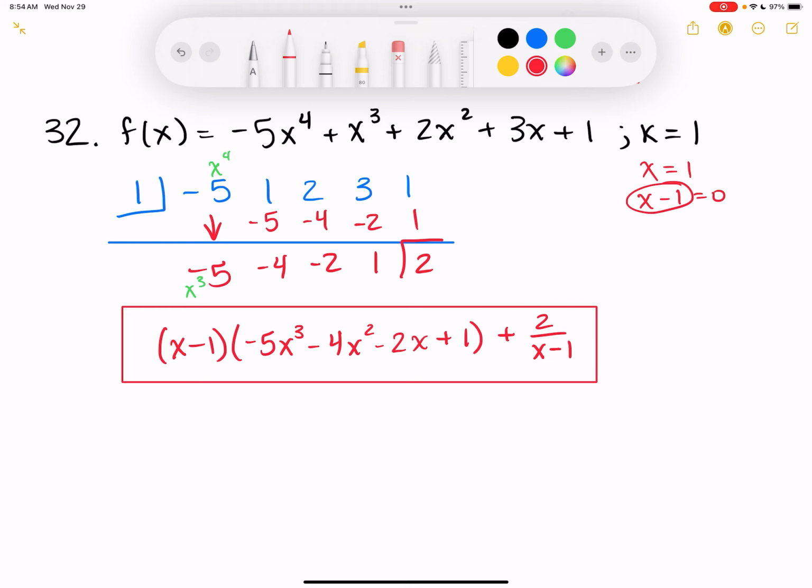Do we have an answer? Or anybody want to share their answer with the class? X minus 1 into negative 5x cubed minus 4x squared plus x.